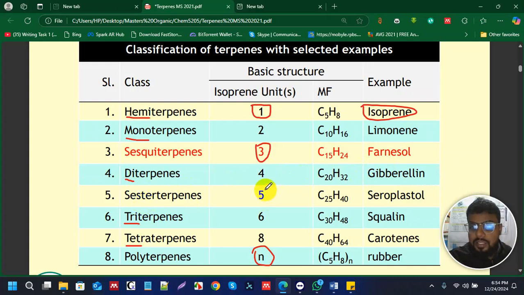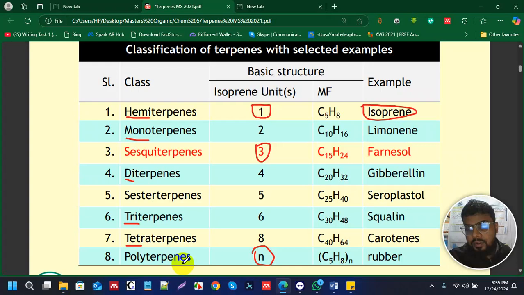Sesterpenes have five isoprene units, and an example is ceroplastol. An example of triterpenes is squalene. And an example of tetraterpenes is carotenes. Polyterpenes are exemplified by rubber.